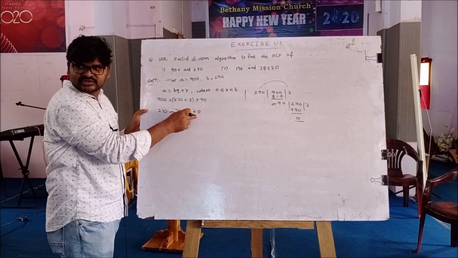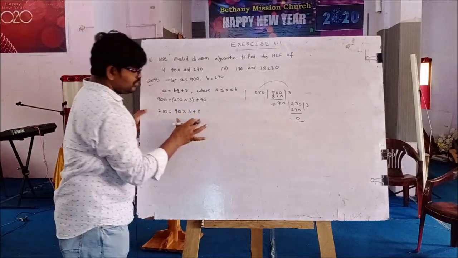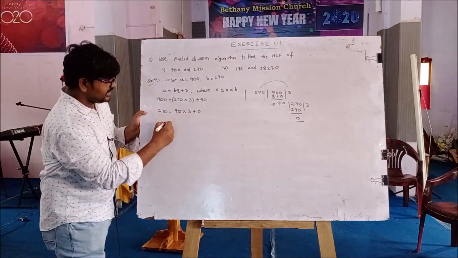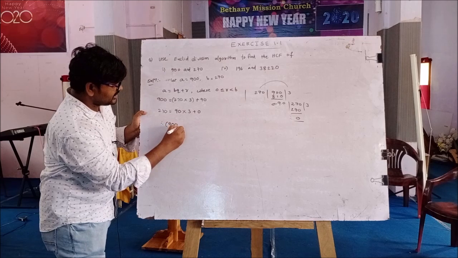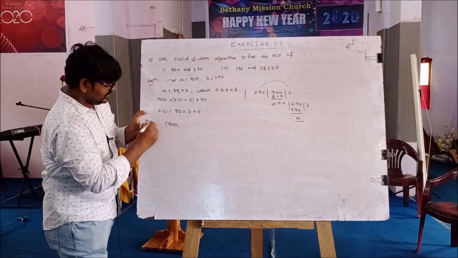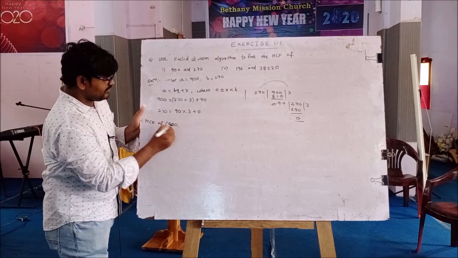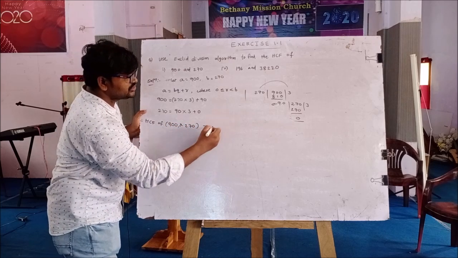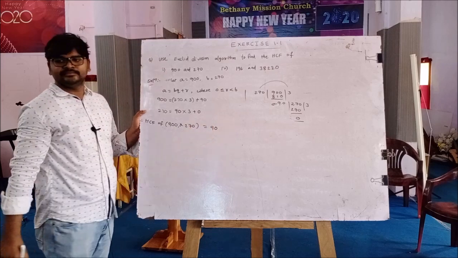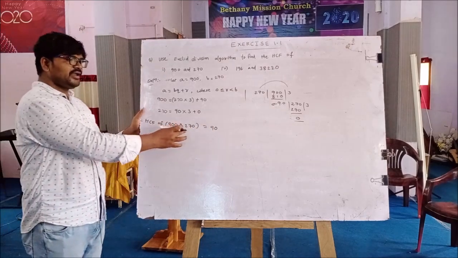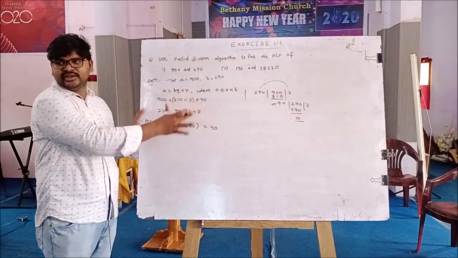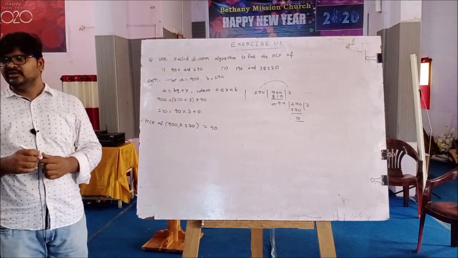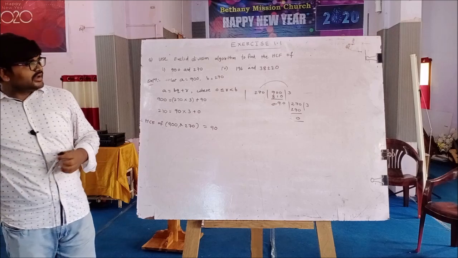Here the remainder is equal to 0, the process will be stopped. Therefore, the HCF of 900 and 270 is equal to 90. This is the HCF by using division lemma. It's clear?